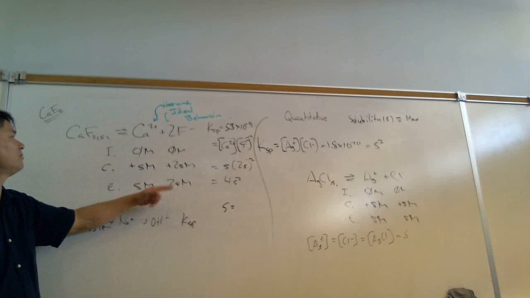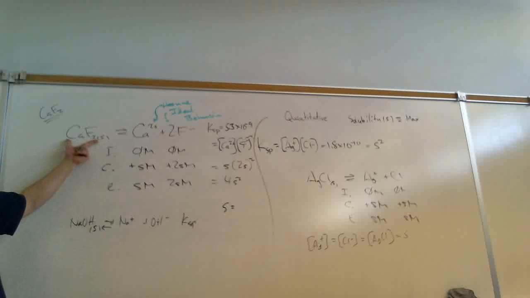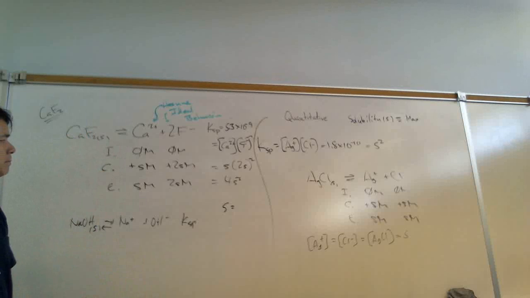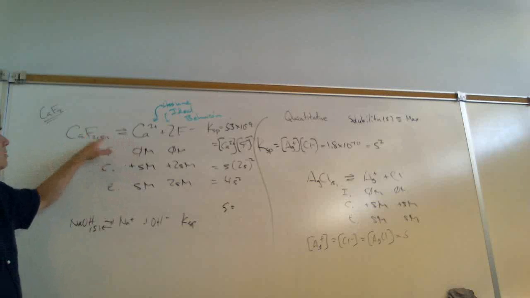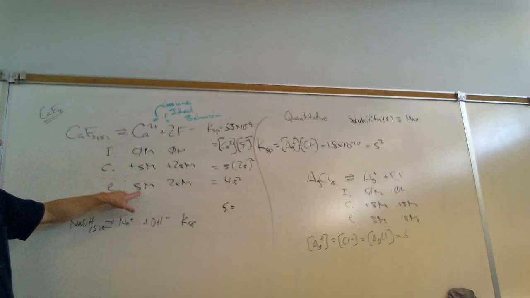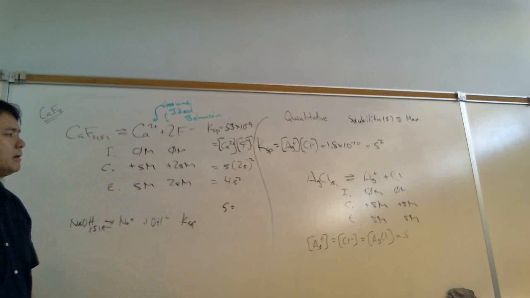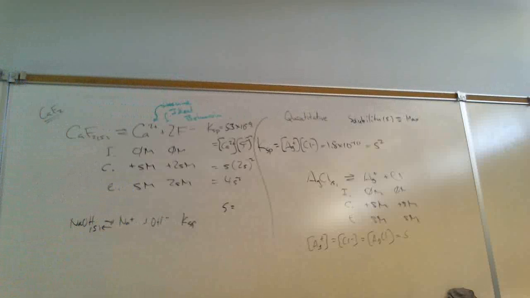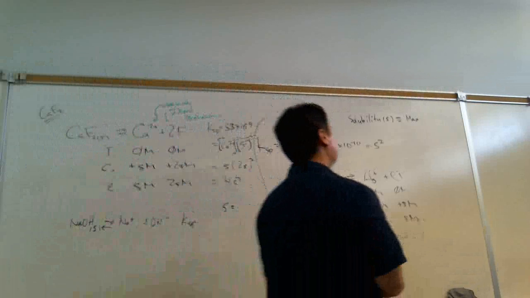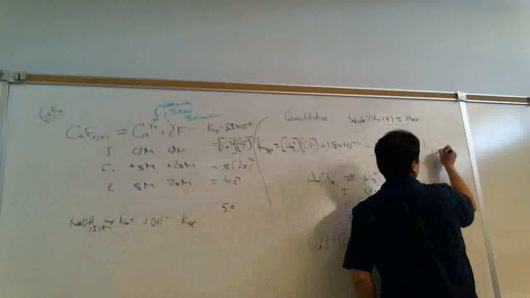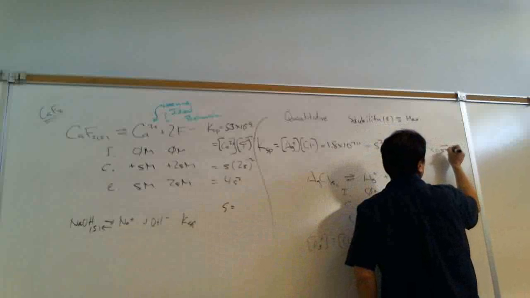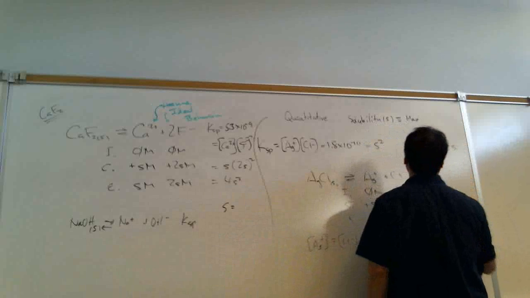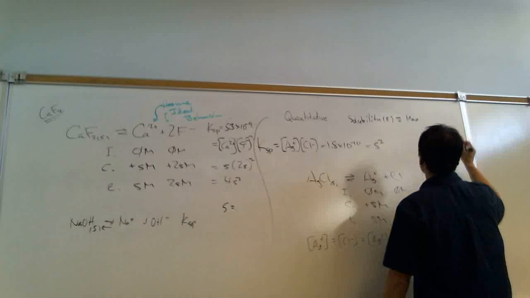Because the solubility is defined as how many calcium fluoride units we can dissolve, how many moles of these units can we dissolve per liter. And so the calcium is in a 1-to-1 mole ratio, therefore it's the same. But this is not. So that's different. All right, so the basic calculation is this. It's either going from KSP to S or S to KSP. And so these are the calculations we do.